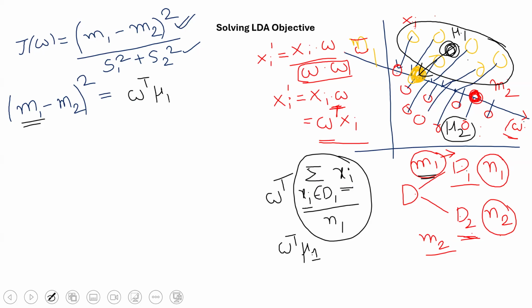Similarly, can I write M2 as W transpose into mu2? M2 is nothing but the projection of mu2 on W, which will be nothing but W transpose into mu2. So that's what I have written over here, and we have a square on top of it.